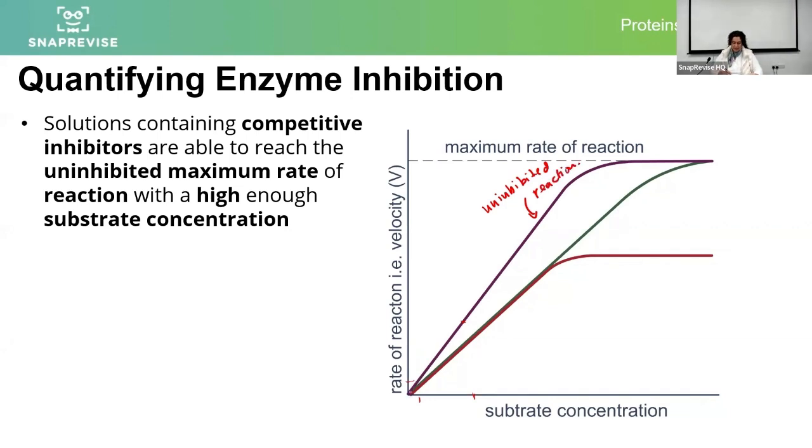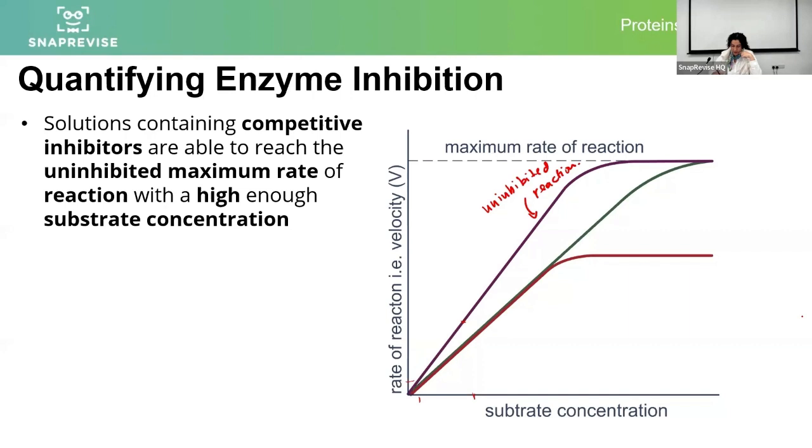As I expect, as I increase the substrate concentration, the rate of the reaction will increase until it reaches a plateau. What does the reaching of a plateau mean? Something else is now the limiting factor, the amount of enzyme. All of the enzyme active sites have been occupied here, so adding more substrate will have no effect. Just bear that in mind, because sometimes you might be asked to explain the shape of this curve in longer questions.